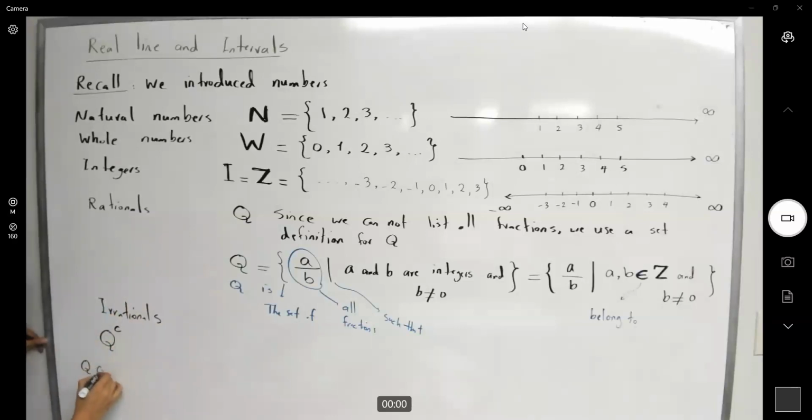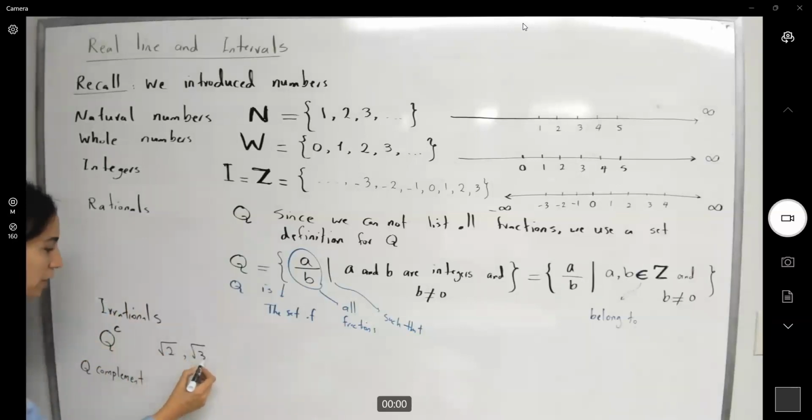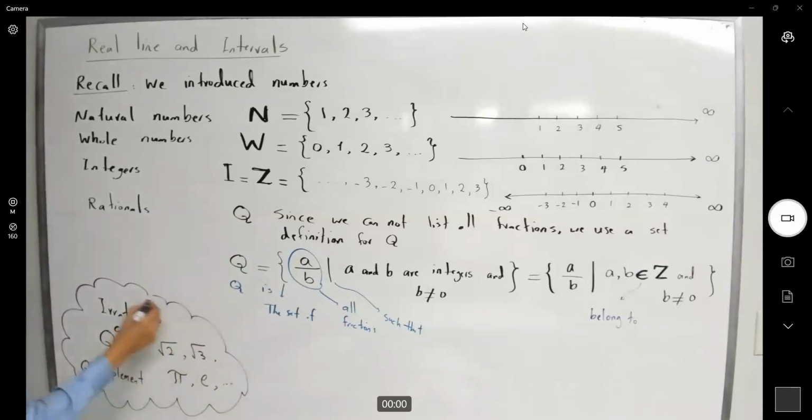Q complement includes the square root of 2, for example, the square root of 3, pi, the Napier number, and so on. So we have another name for the set of non-rationals, or irrationals. We call it Q complement.